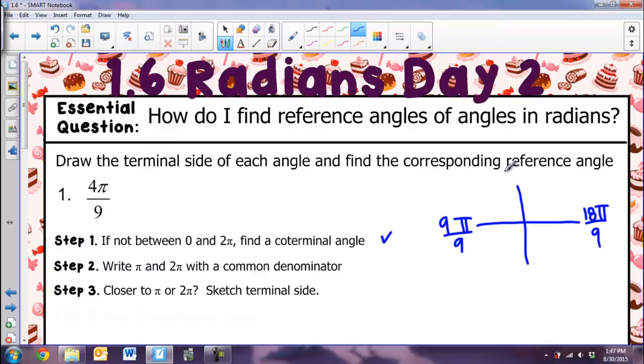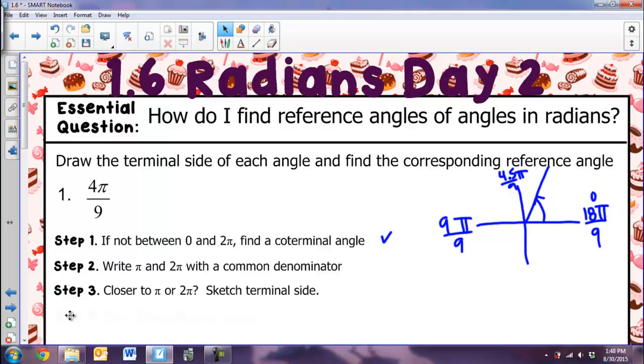And you can always remember this angle is also 0. If you wanted to find the middle angle up here, the middle would be like 4.5 over 9 pi. So that's definitely going to be over here in quadrant 1. Almost on the axis, but in quadrant 1. So this would be 4 pi over 9 sketched.